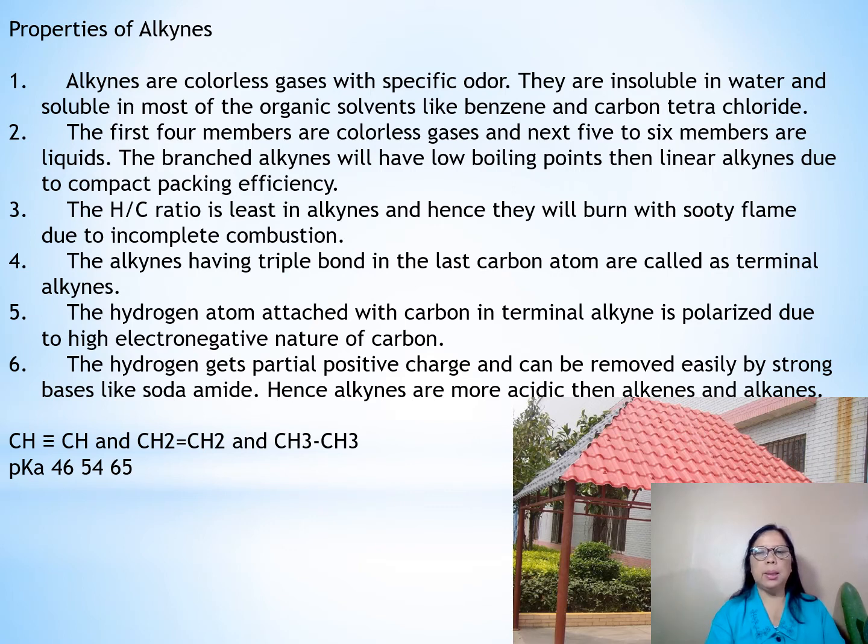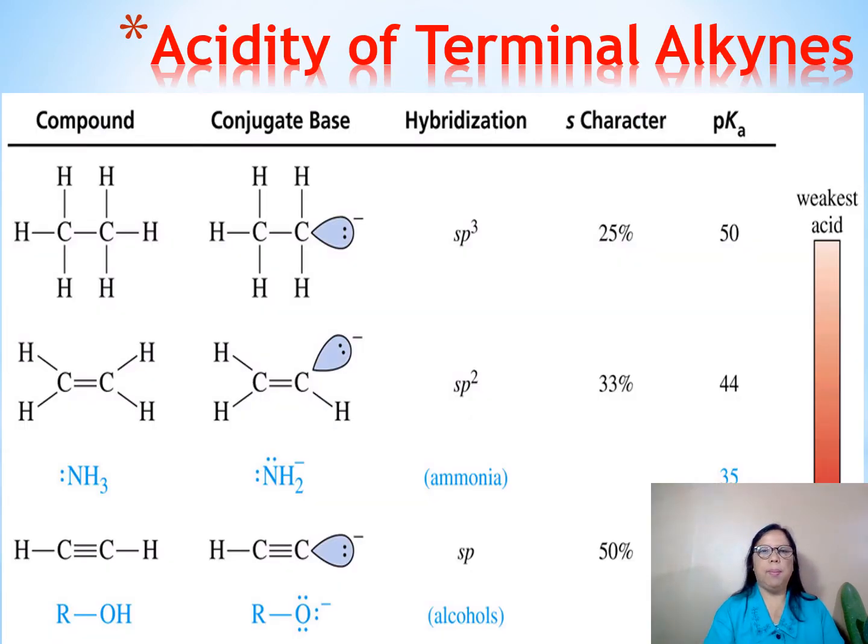The terminal alkynes are polarized due to the electronegative nature of the carbon. That is also true with alkenes and alkynes. Okay, in terms of acidity, let us start to compare alkynes with the others. So these are the hydrocarbons working with the base.